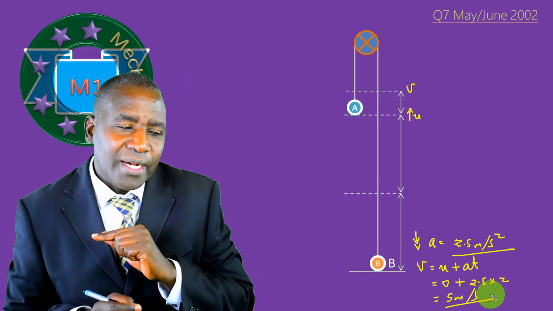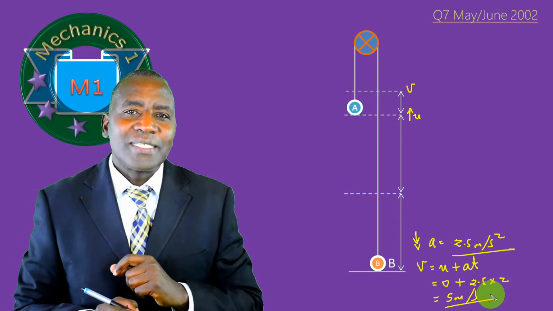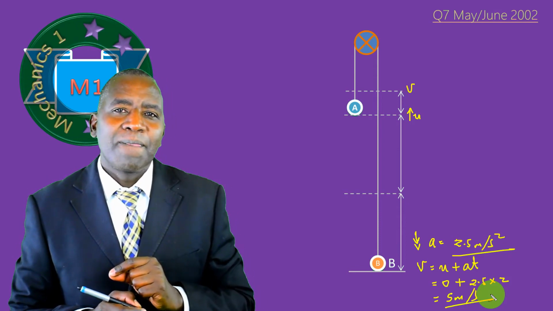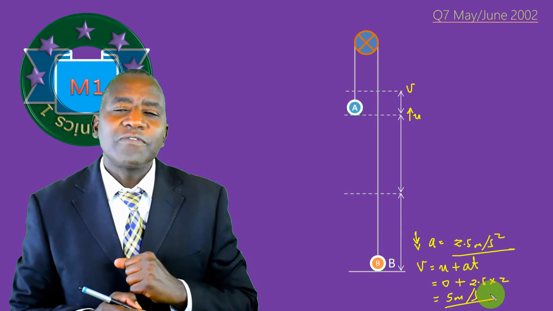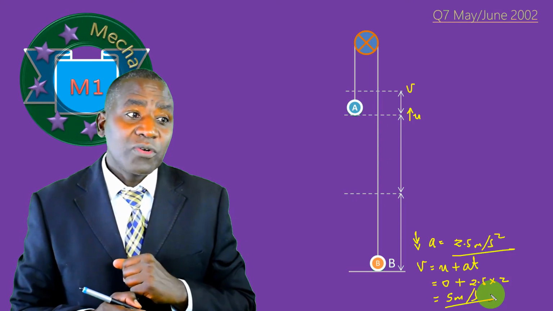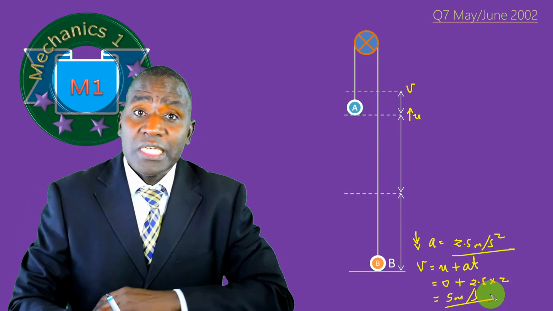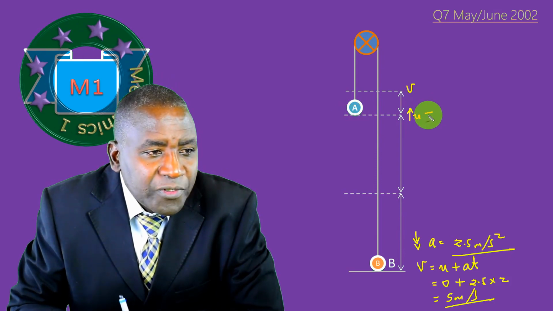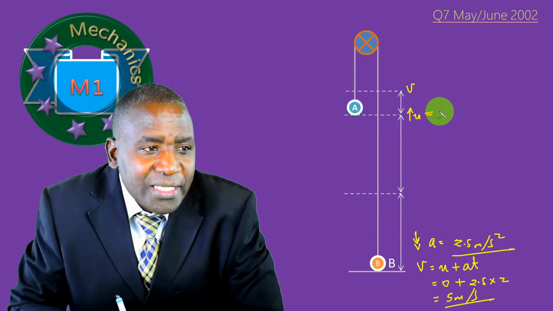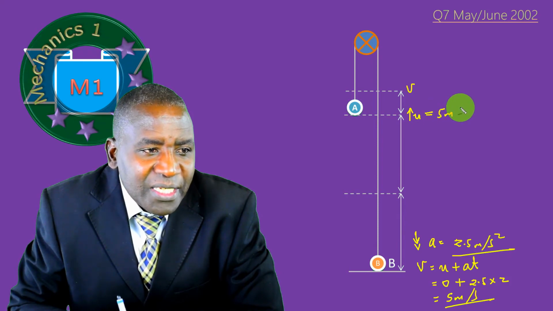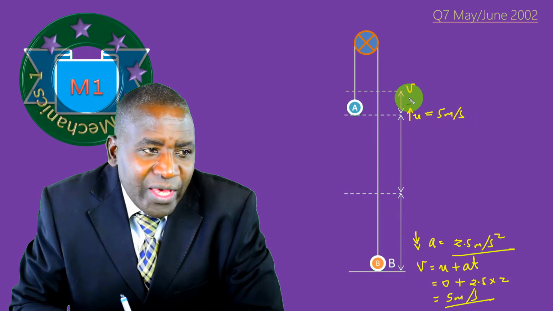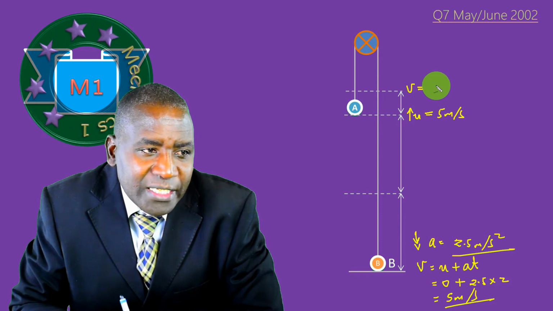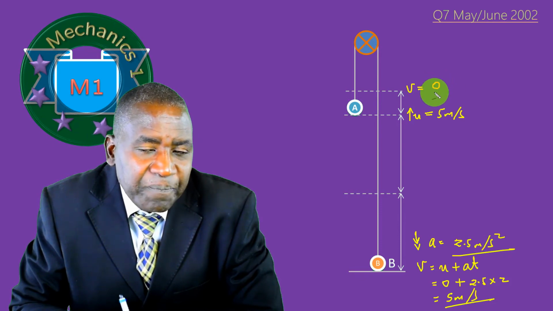Now this is the trick. A has the same speed, 5 meters per second, because the string is inextensible. So the u for A is 5 meters per second upwards. And then when it reaches maximum height, the v is 0.